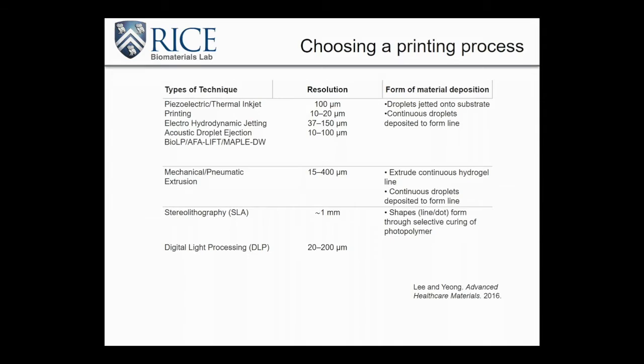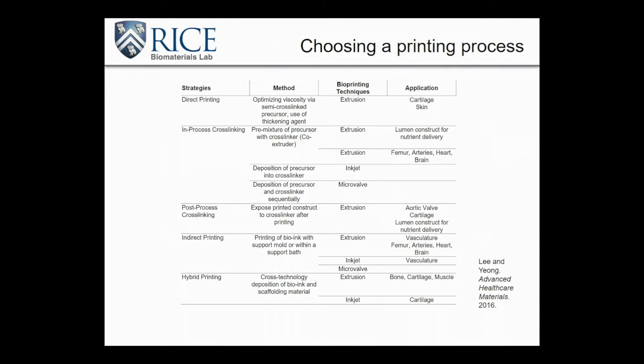And so in summary, I just provided this here with information on the different resolutions you can expect depending on these different printing techniques, as well as how the materials themselves are printed. And then if you want to dig a little bit more into this, there's a variety of research that has been performed using each of these 3D printing techniques in different biofabrication processes.